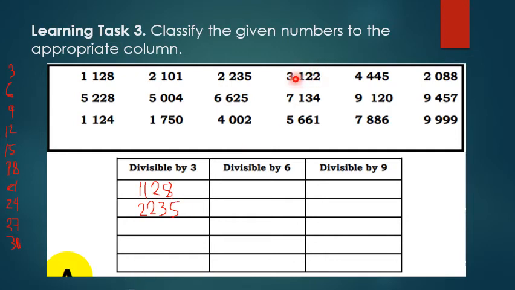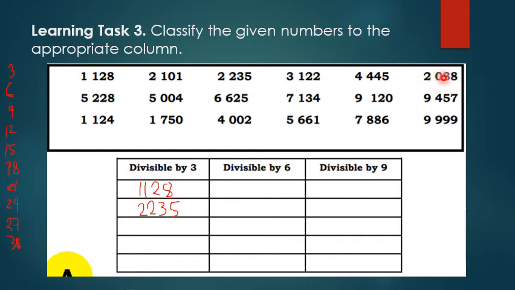So 3,122. So 3 plus 1 is 4, plus 2 is 6, plus 2 is 8. So nandito po ba ang 8? Wala po. So next, 4,445. 4 plus 4 is 8, plus 4 is 12, plus 5 is 17. So may 17 po ba dito? So wala din po. So next, 2,088.